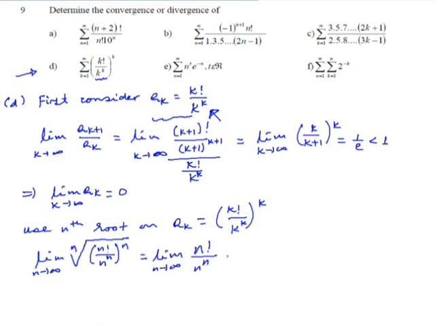So this is 0, which is a number less than 1. Therefore, the given series, n starting from 1 up to infinity, or k starting from 1 up to infinity, is convergent.